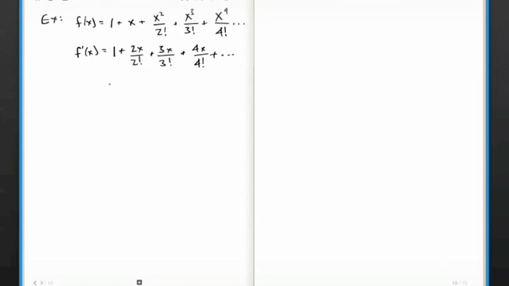I can clean that up a little bit, and that equals, well, that's still 1. The 2 factorial is 2 times 1, so the 2's cancel, so this just becomes an x.